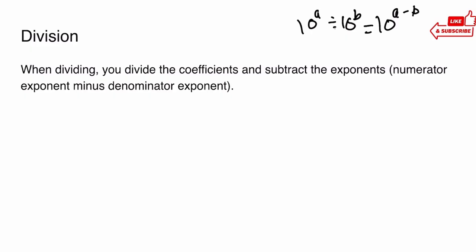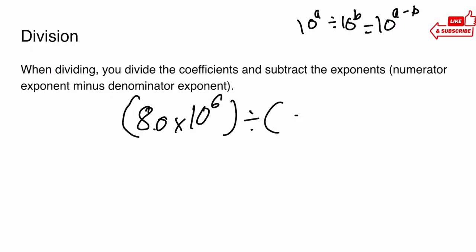So let's have an example. Let's just say, for example, we have 8.0 times 10 to the 6 divided by 2.0 times 10 squared.